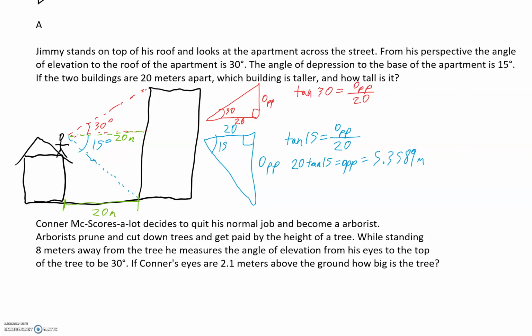Okay, so then it is 20 times tan of 30 equals opposite, which is, typing in my calculator, 11.55 meters.